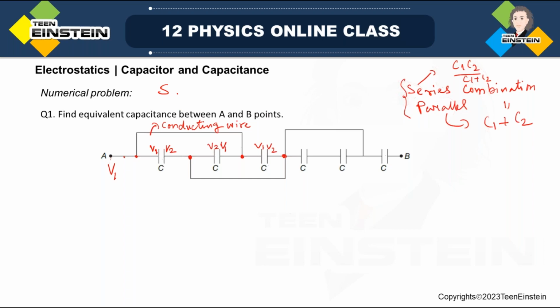This method is called the same potential method. Now this plate will then be at the same potential V2, but this will be at some other potential. Let us take this as V3.